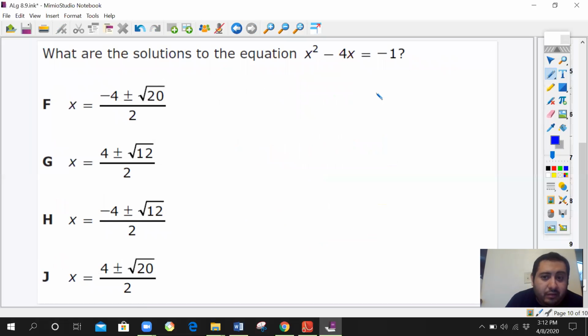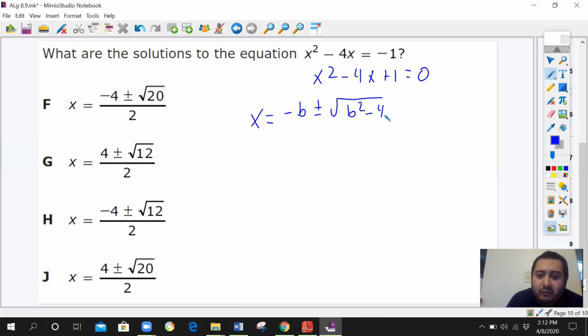Let's do one more. Let's move the 1 to the other side to make this expression equal to 0. We have the 1 on both sides. All right, let's use the quadratic formula. You have negative b plus or minus the square root of b squared minus 4ac, all over 2 times a. Your b is going to be negative 4 and another negative turns into a positive, plus or minus. So negative 4 squared will give us 16 minus 4.